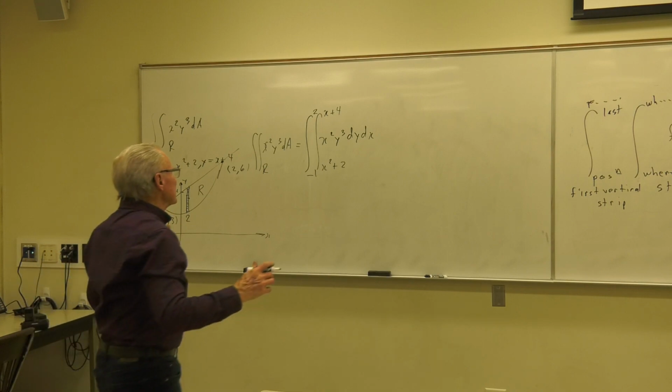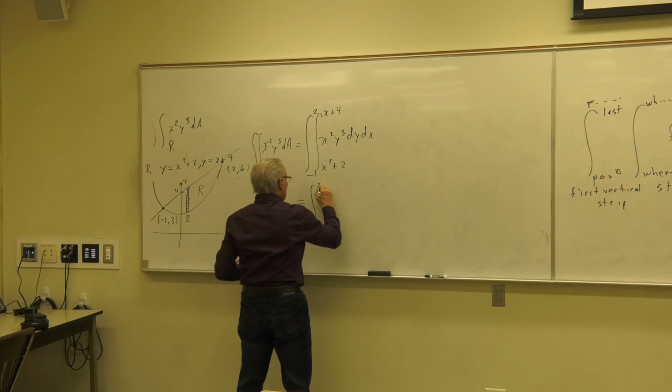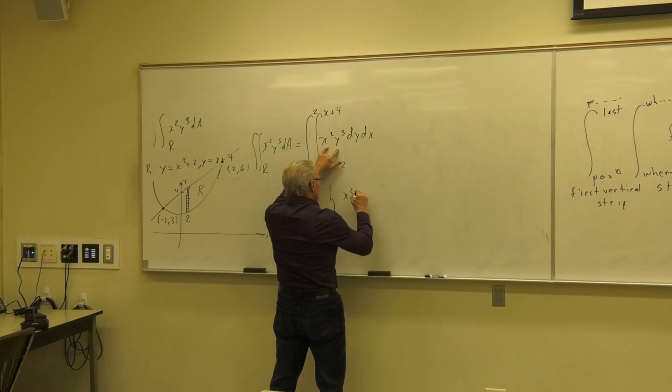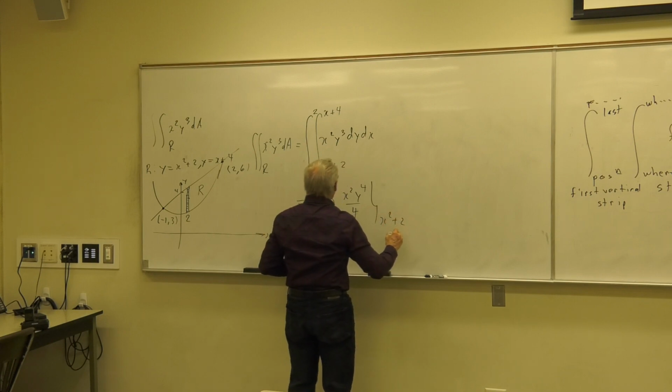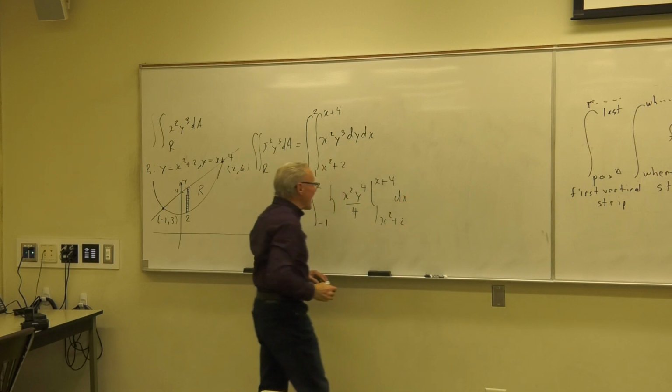All right, let's do at least one step. What we should do is anti-differentiate with respect to y. x squared, y to the 4th, and then we will substitute x squared plus 2, and we will substitute x plus 4, and we will integrate with respect to x.